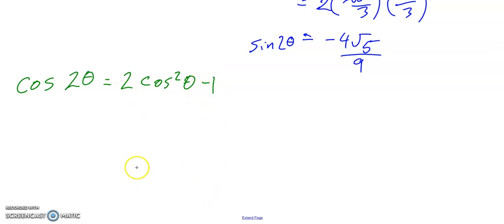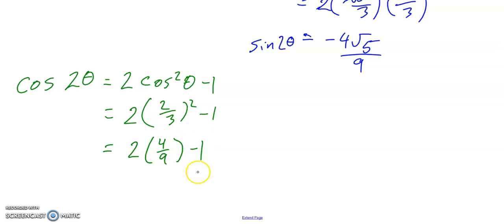There's my identity, because I already know cosine. So I can say 2 times 2/3 squared minus 1. That's going to give me 2 times 4/9 minus 1, so 8/9 minus 1. 8/9 minus 9/9 gives me negative 1/9.